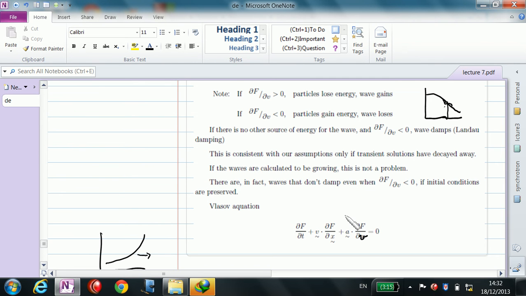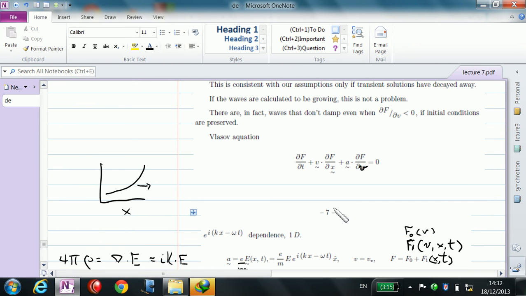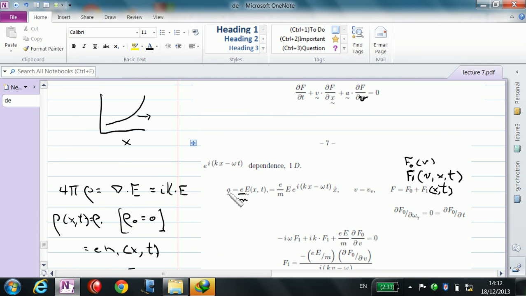Now, the Vlasov equation is something that everybody should know, and this is just Liouville's equation, I guess, or something. This is just an equation in phase space, and here again, that's a Vlasov equation. Well, if I put E over m for the acceleration, then it'll be the Vlasov equation.